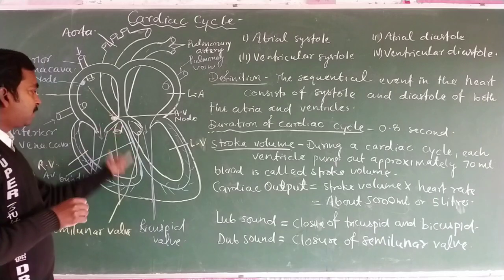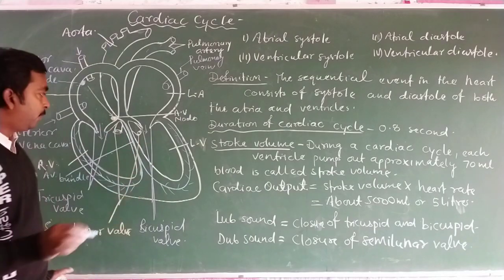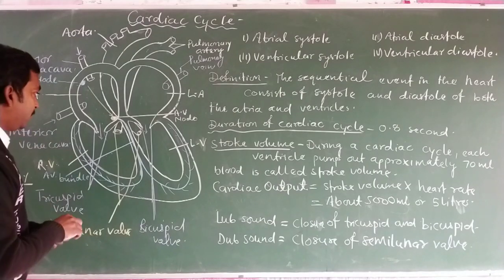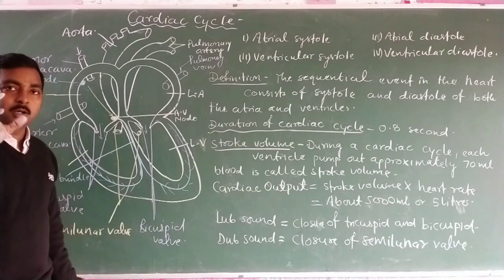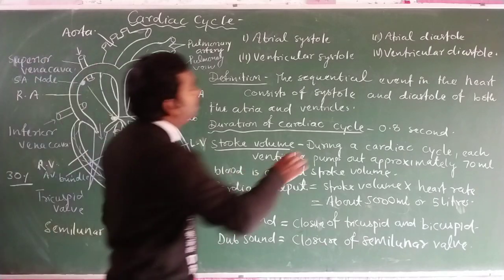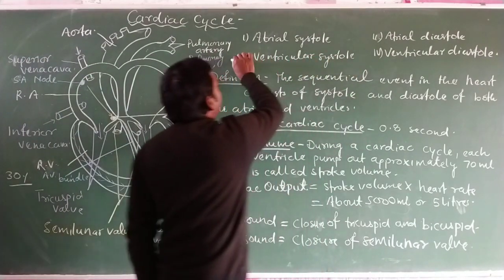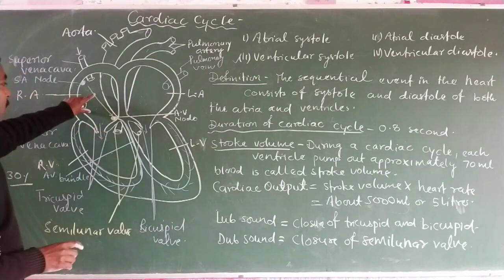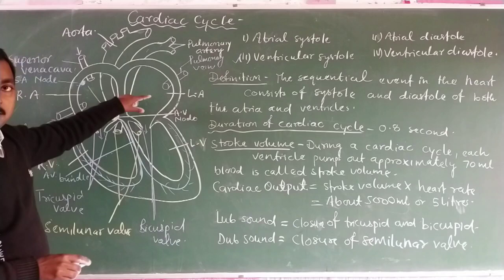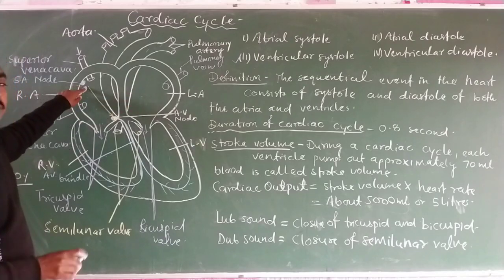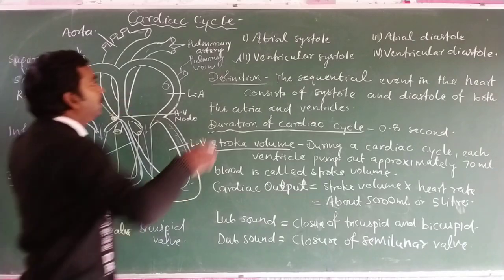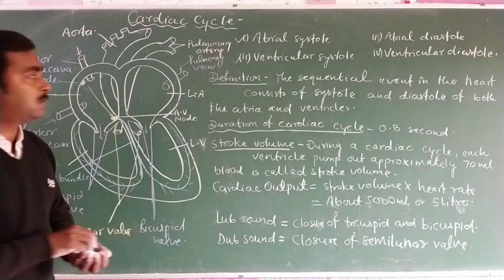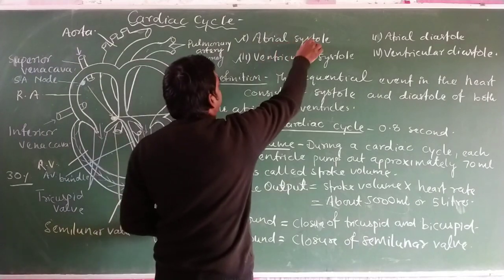When the impulses have spread throughout the ventricular wall, the next process takes place, which is contraction of the ventricle, known as ventricular systole. Before this, due to the SA node impulse generation, there is atrial contraction, which is known as atrial systole.